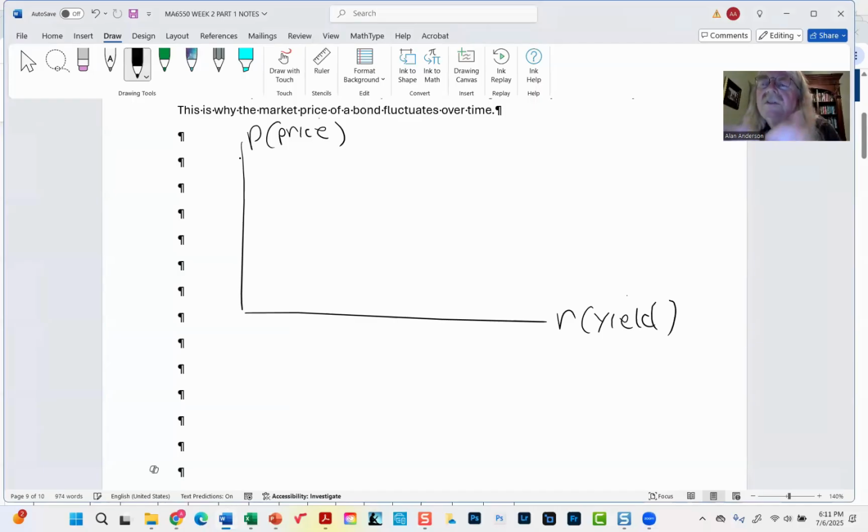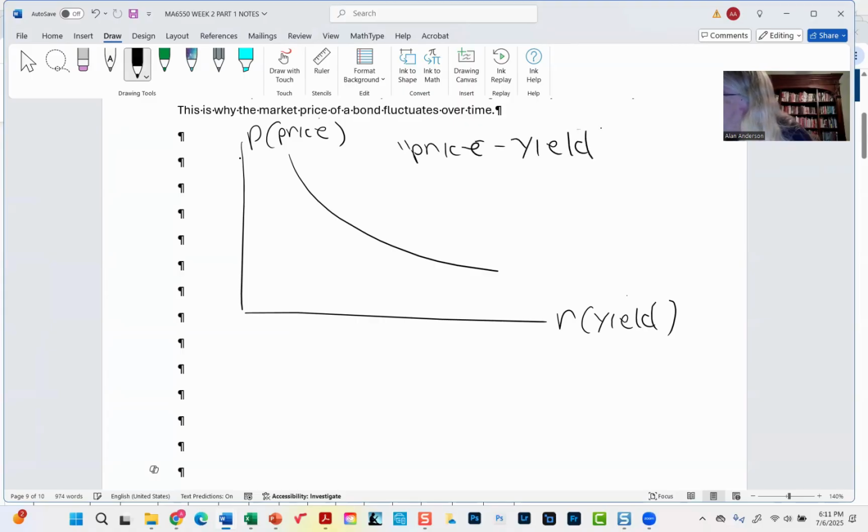Now, what's interesting about this is that clearly the relationship is inverse or negative, which means the slope of this curve has to be negative, but it's not a straight line. It looks something like this. So clearly the first derivative of this function is negative.